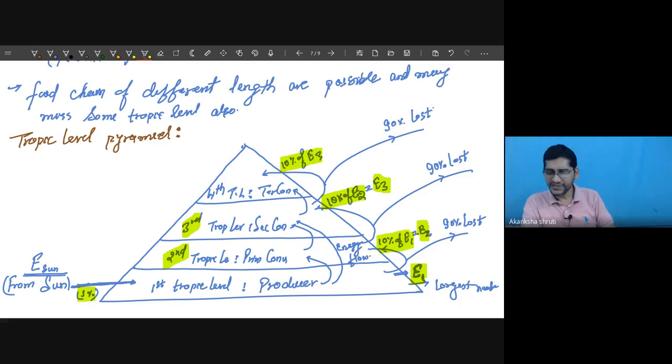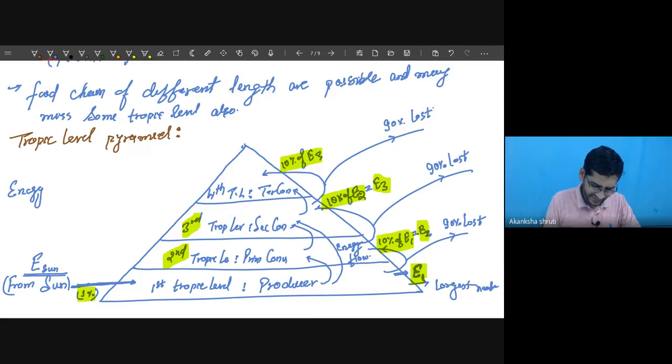Here we are considering that this is the representation of number, meaning the more the number of organisms in a particular trophic level, the more the energy. Energy is proportional to number.